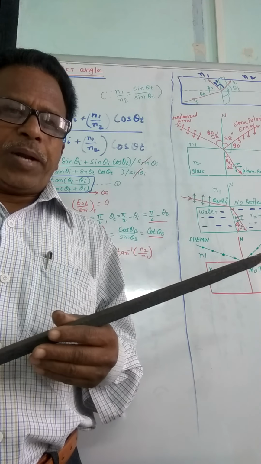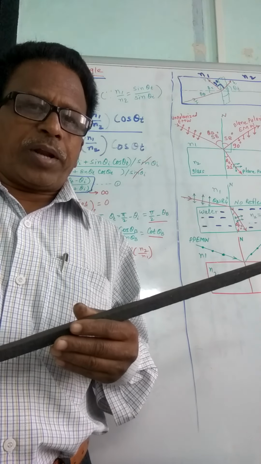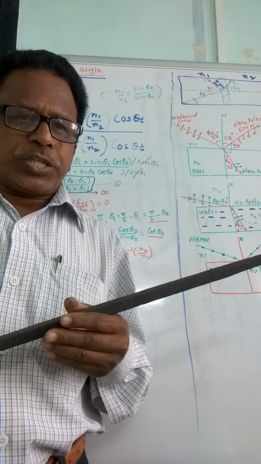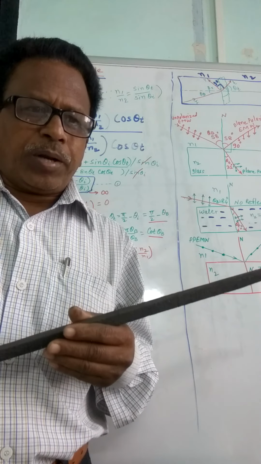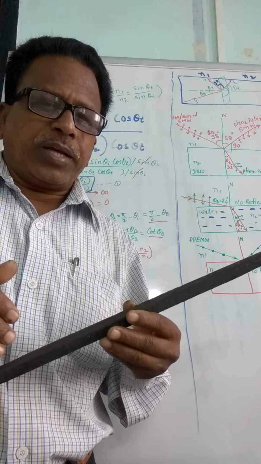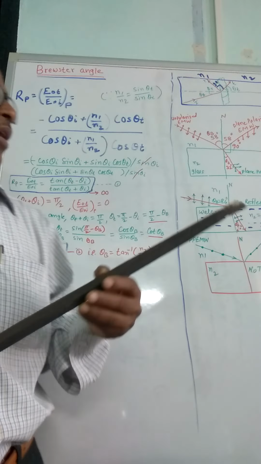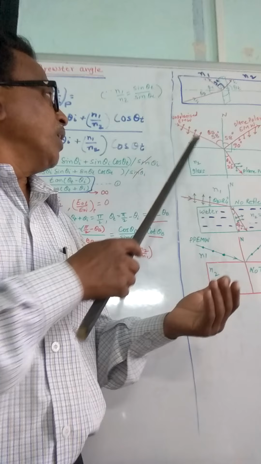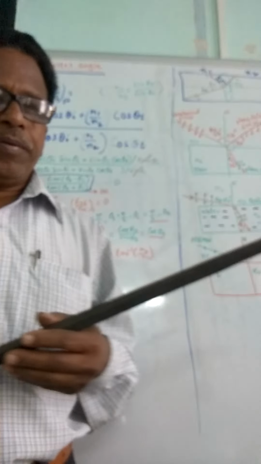Thus, the reflected wave will be linearly polarized with vibrations perpendicular to the plane of incidence, and hence the Brewster angle is sometimes called the polarizing angle, as shown in this figure.